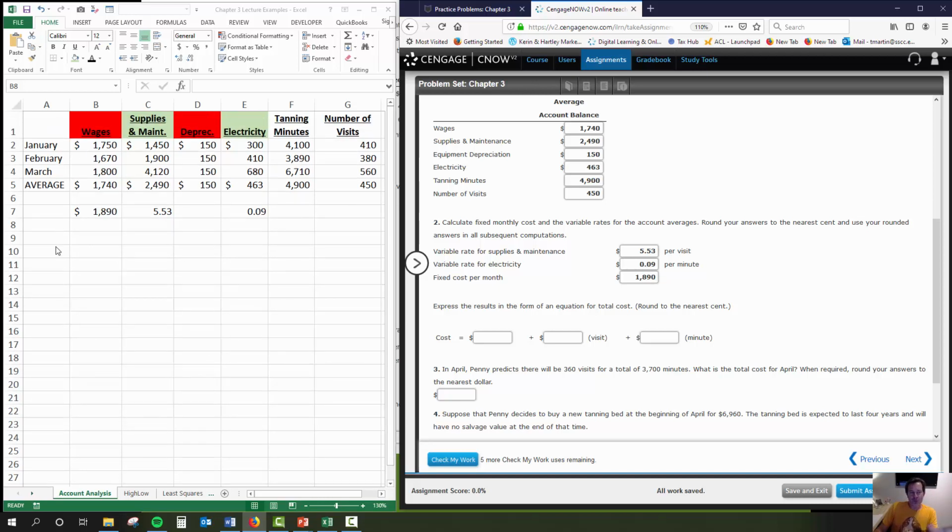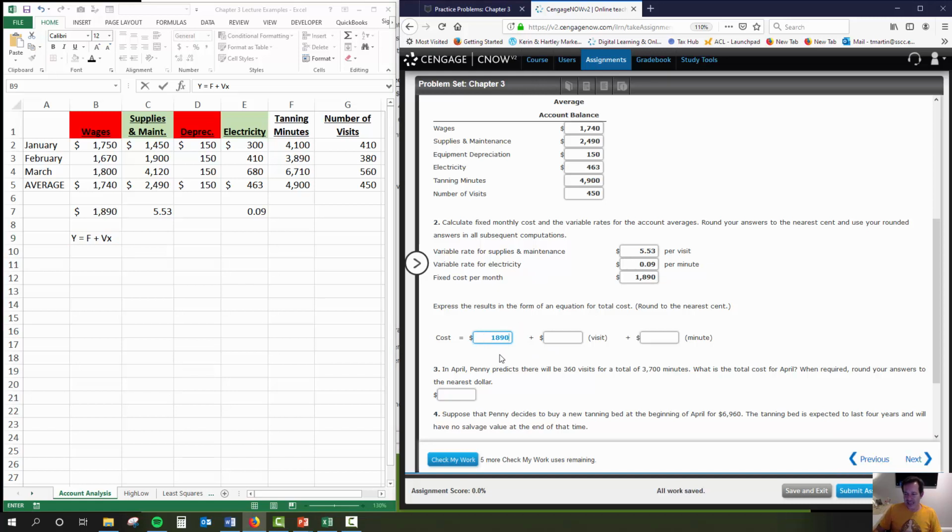We talked about that cost formula a few minutes ago. We said that total cost, or Y, is equal to the fixed cost plus the variable times the level of activity. In this case, we have two variable costs: the supplies and maintenance, and the electricity. So we're going to tweak that formula just a little bit to add in that second level of variable cost.